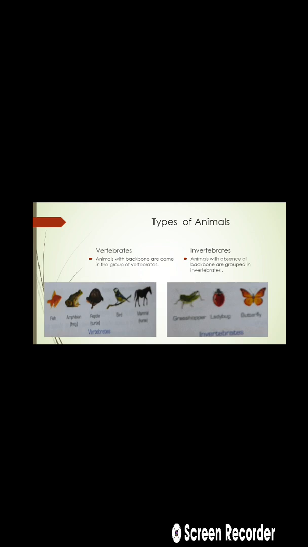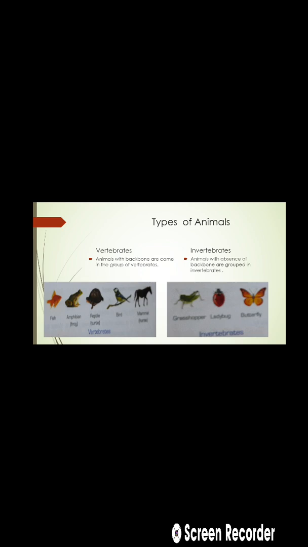First, there are two types of animals, vertebrates and invertebrates. What are vertebrates? Animals with a backbone come in the group of vertebrates: fish, amphibians, reptiles, birds and mammals.